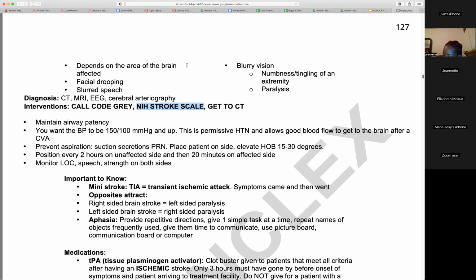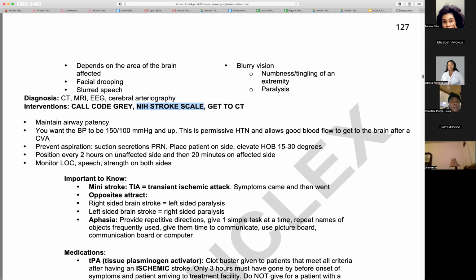So let's backtrack. Before a stroke, you want the blood pressure normal, right? So before someone has a stroke, or if someone has not had a stroke, you want the blood pressure normal, because we know that high blood pressures lead to stroke. However, after someone has had a stroke, we want the blood pressure to be elevated, because it will help the brain in the healing process.